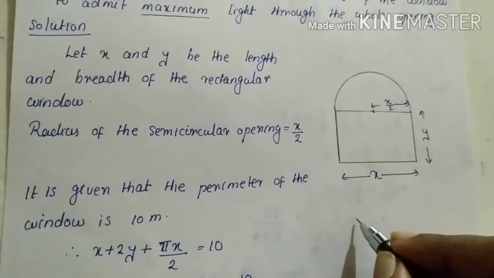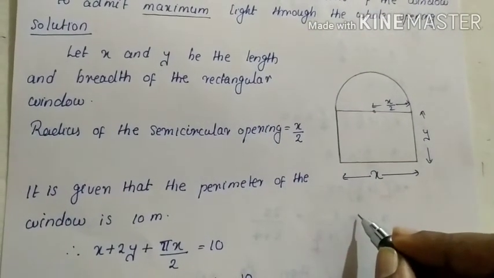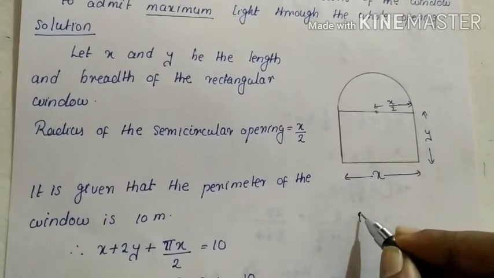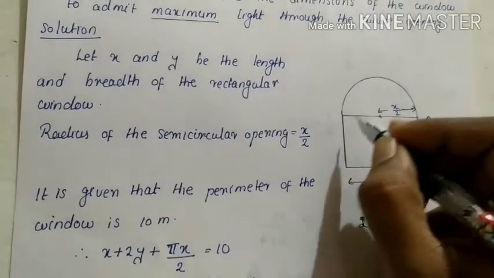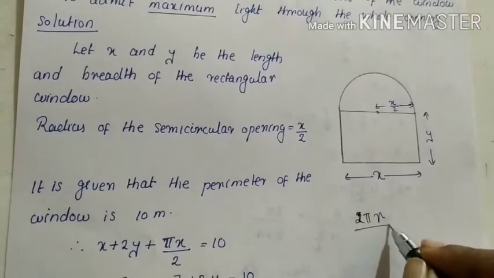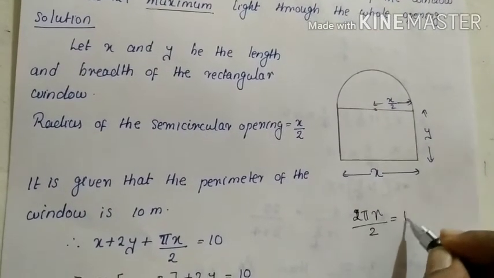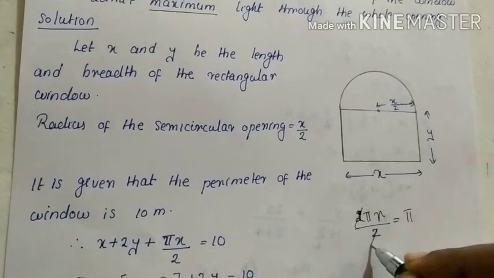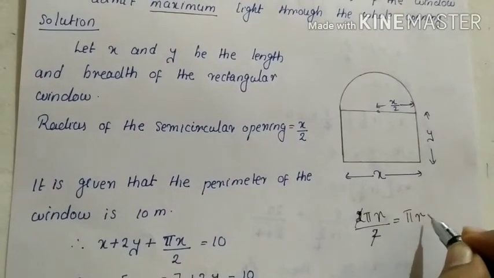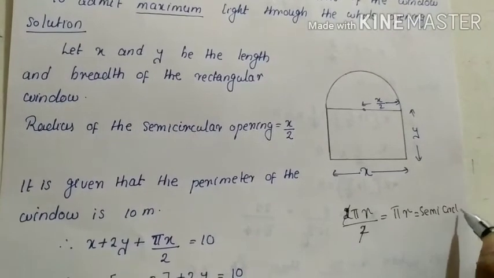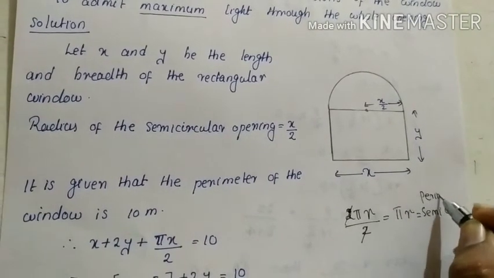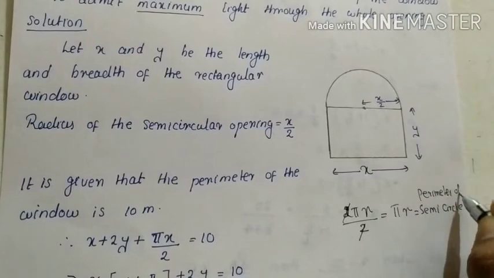We know that the perimeter of a circle is 2 pi r, but it is a semicircle, so divided by 2, these two cancel, and we get pi r as the perimeter of the semicircle.